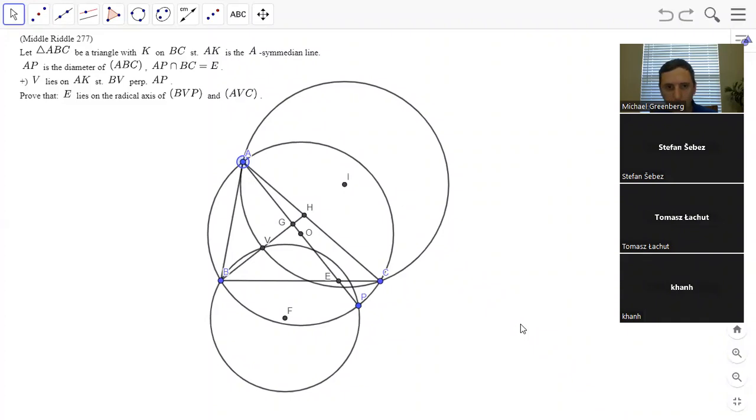Doing some math in my head. P, so OFP. So that would be sine of BVP over sine of OIC, sine ABC.